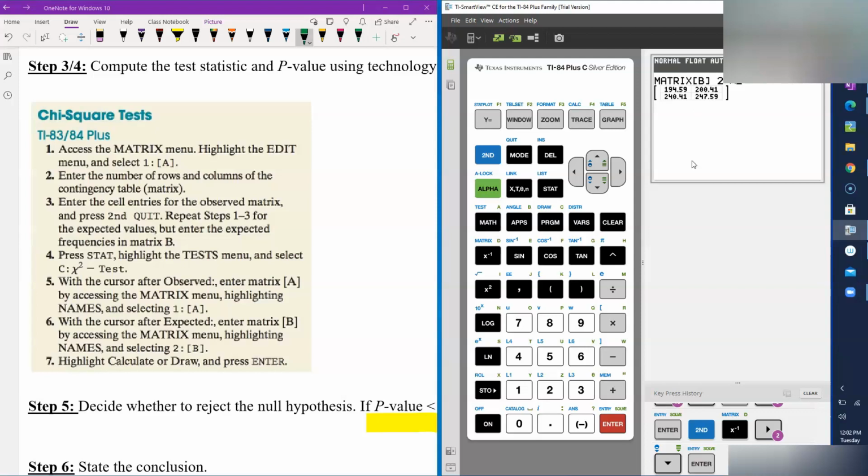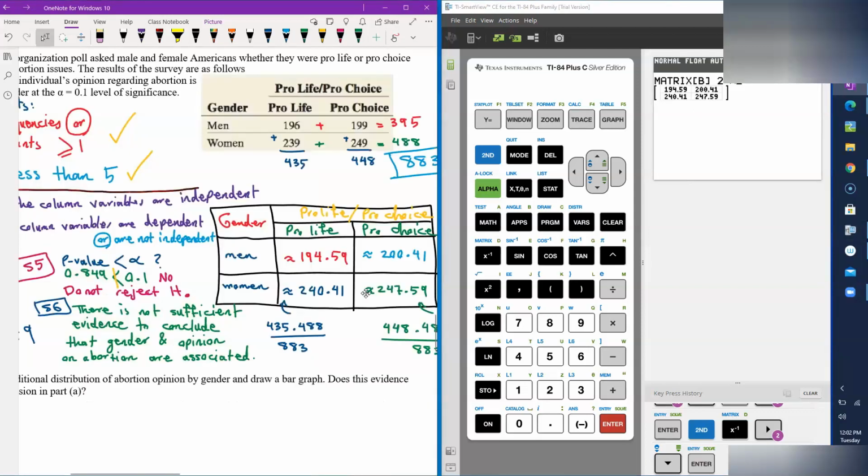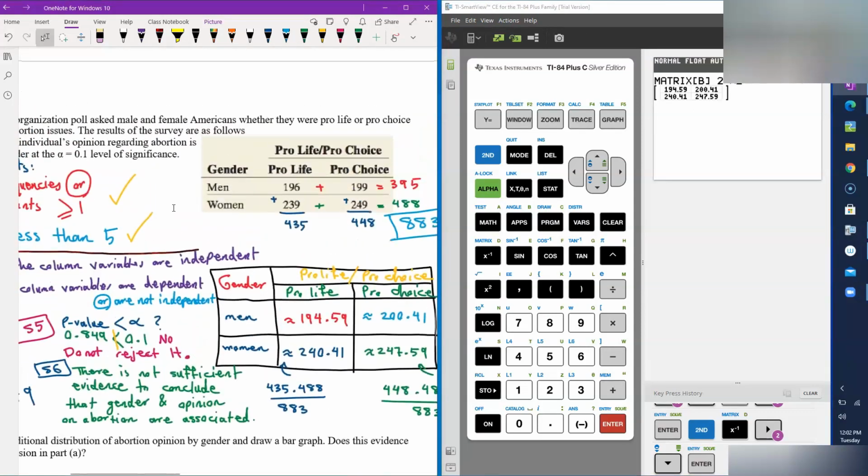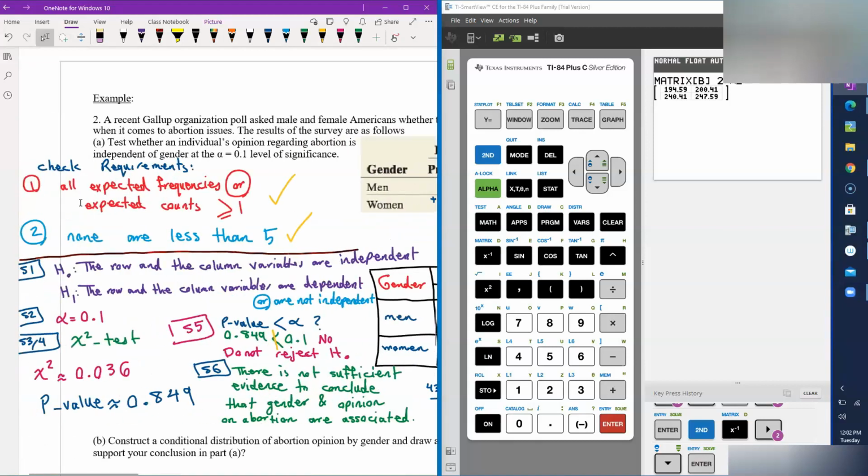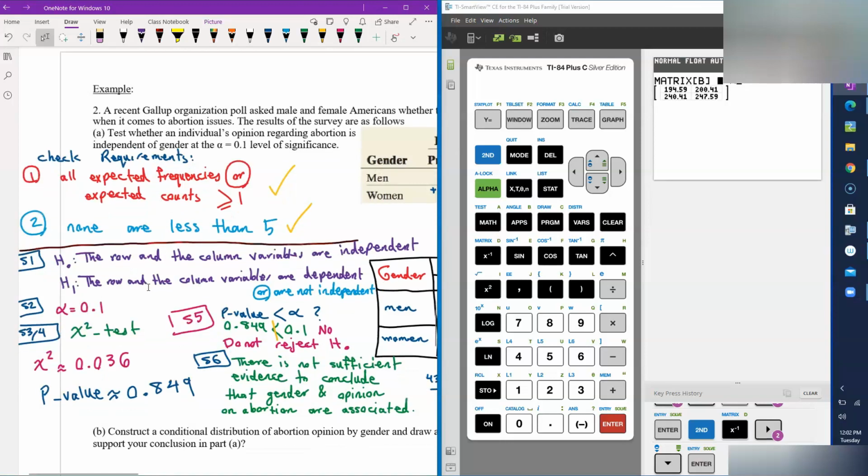And if I use that one and press enter, you'll be able to see all these expected counts without even trying to find them. On a test, when you have this kind of question, the first step is to find all these answers all together. Then using all these answers, start with the requirements part, because you need to know your expected counts to be able to work on requirements.